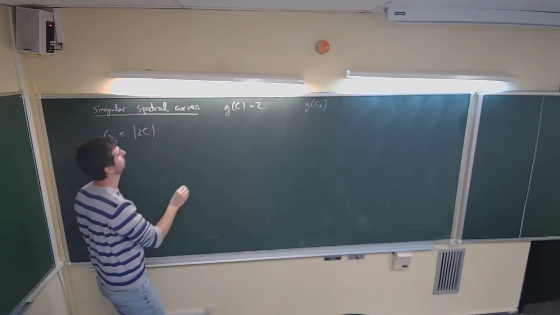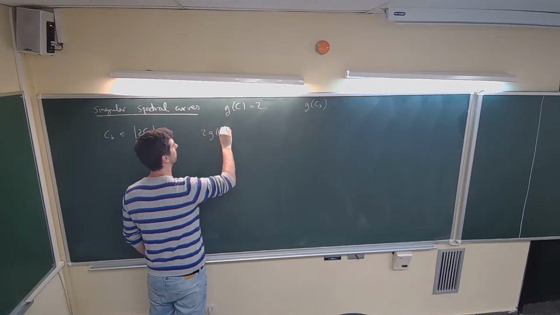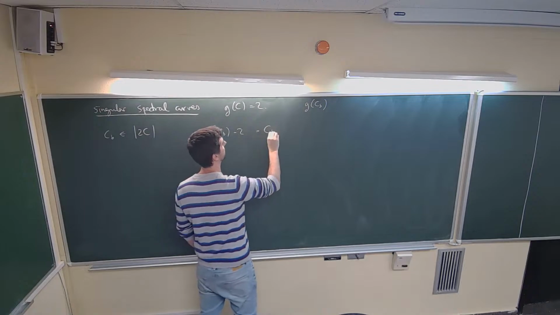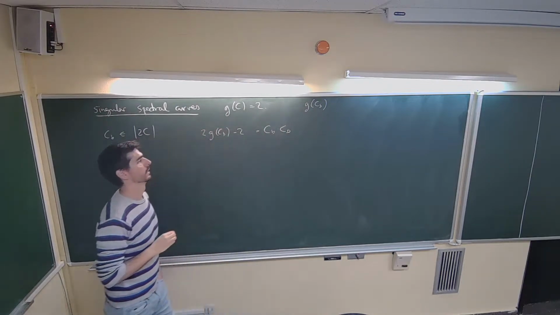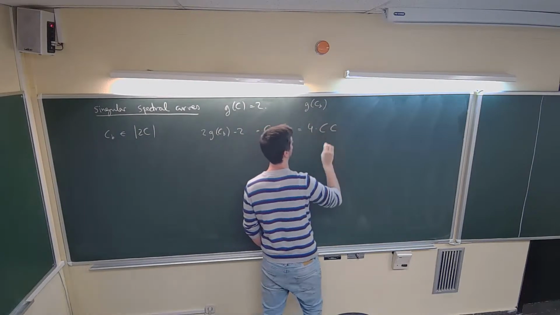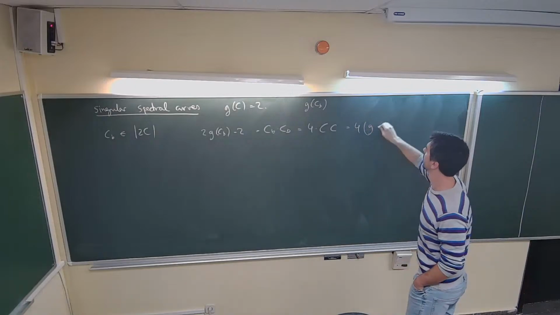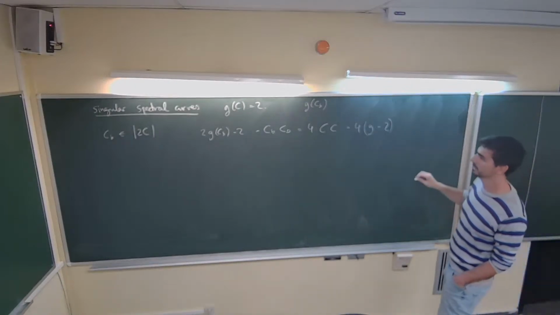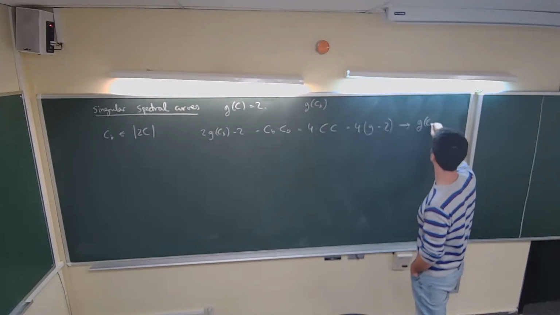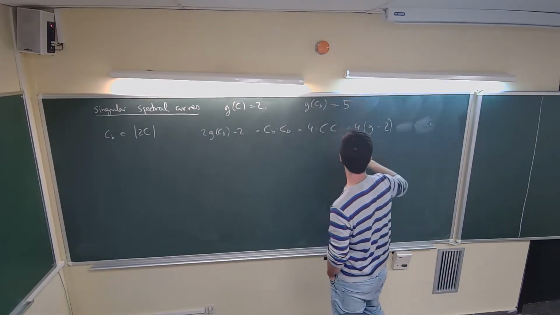So we know that 2g_CB minus 2 is C_v self-intersected with C_v. This is the self-intersection of our curve, so this is 4 times g minus 2. In this genus 2 case, that gives us that g_CB is 5.